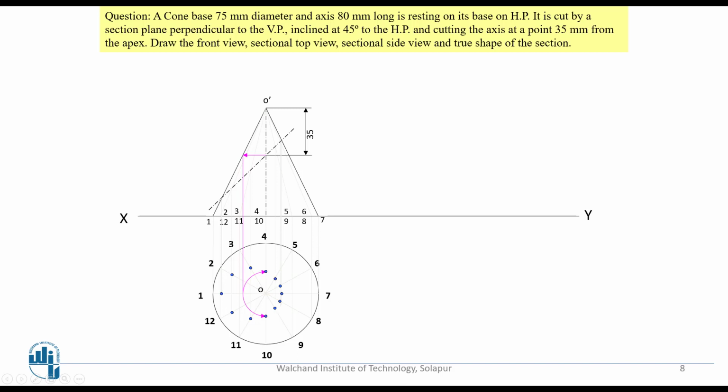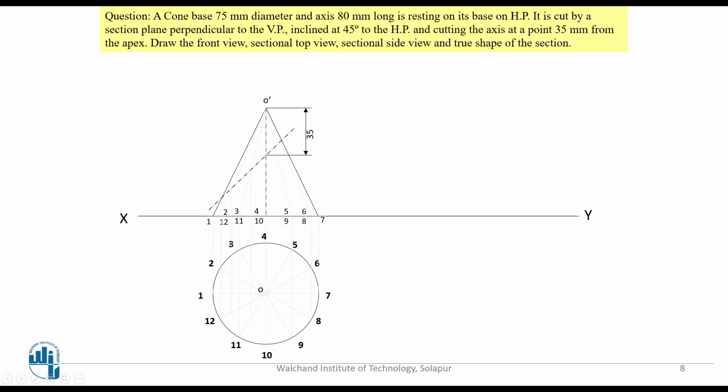Now the important part we are going to study here is that it is cut by a section plane perpendicular to HP, no need to worry, only the inclination. Inclined at 45 degree to HP. This is a 45 degree line to HP. And cutting the axis at a point 35 millimeter from the apex. From this apex 35 millimeter is measured, and through that particular point you have to pass this 45 degree line.